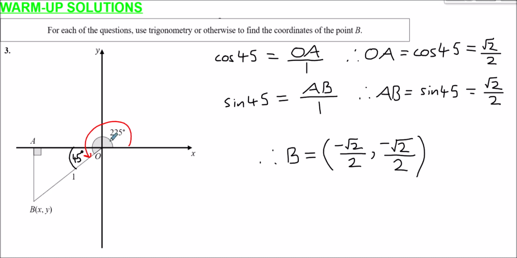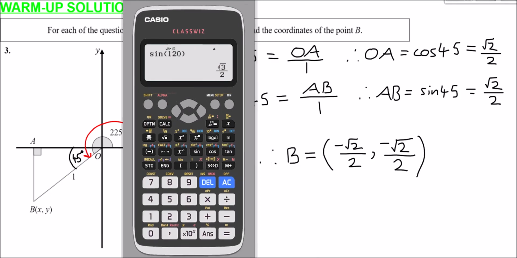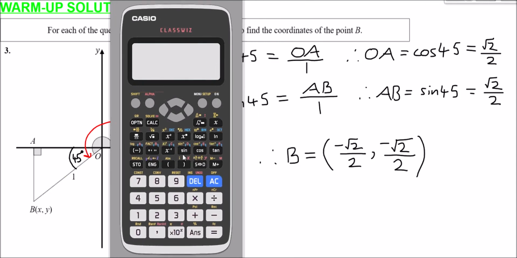But again, if we have a look at this angle measured from the positive x-axis anti-clockwise to the point of OB, we will also notice something here as well. So if I just did cos 225, again it gives us the exact correct x-coordinate, and if I were to do sine 225, it will give us the exact y-coordinate, which in this particular case, because the acute angle is 45 degrees, is one and the same as the x-coordinate.